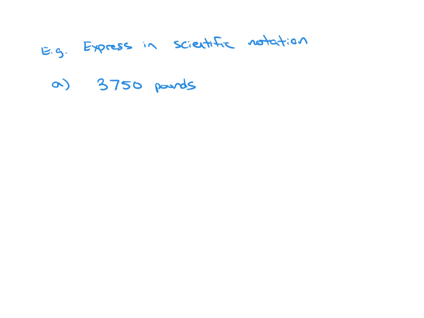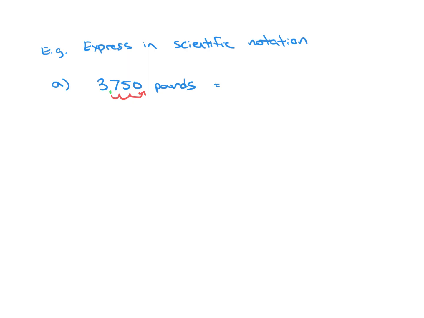So step 1 is to put a decimal point after the first non-zero digit. So I'm going to put a decimal point after the 3. And then I'm going to count how many spots and what direction I have to slide it to get the original number back. 1, 2, 3 spots to the right to get the original number back.